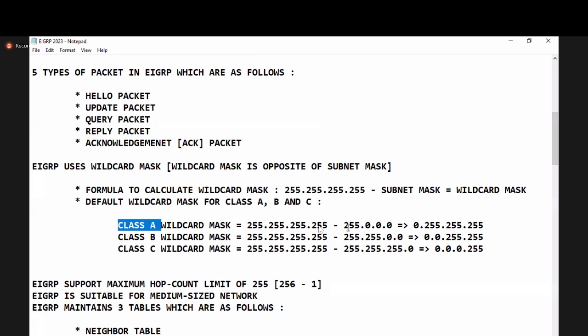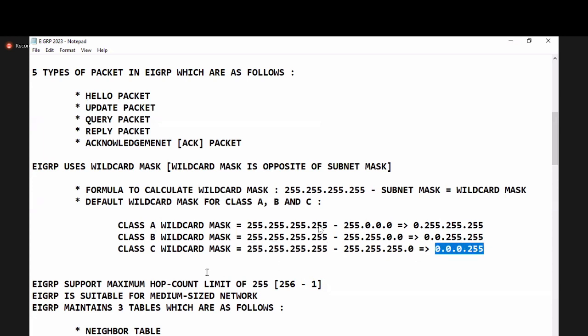For example, for class A, you can see the class A subnet mask. When you subtract it, this is your wildcard. This is our class B subnet mask. When you subtract it, you get the wildcard. And when you subtract the class C subnet mask from 255, you get the class C wildcard.